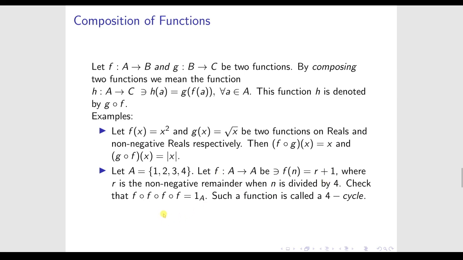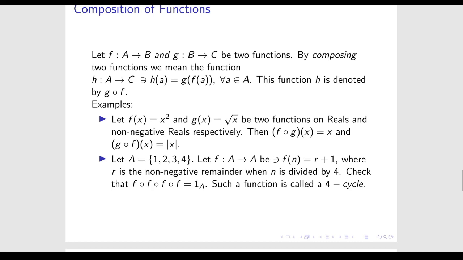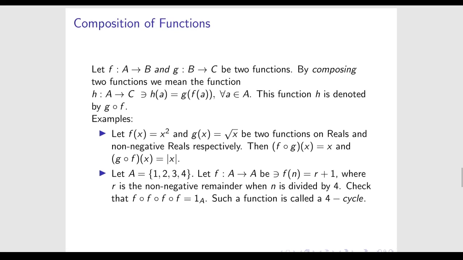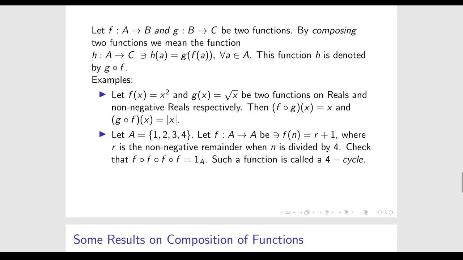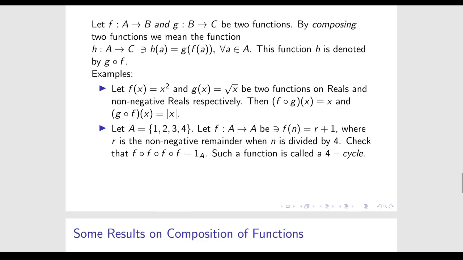Now check that if we compose f 4 times, it gives us the identity function, that is f(f(f(f(a)))) is a for any a in A. Such a function is called a 4-cycle. You will see such functions a lot in higher mathematics. These are very useful in some algebraic structures.